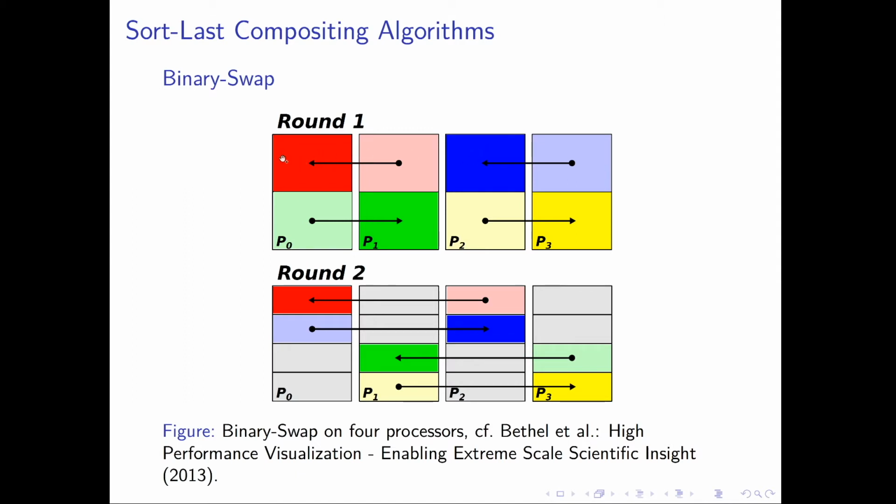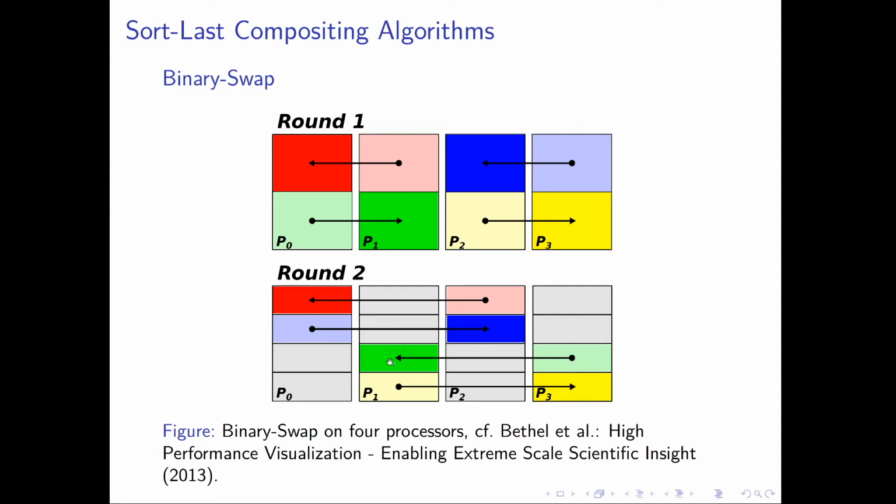The distance between the processors in the communication group here is 1. P1 and P0 have distance 1, and the same is true for P2 and P3. And they are both responsible for half of the image space. So in the next round, we double the distance. Now processors P0 and P2 form a communication group, so the distance is 2, and the same is true for P1 and P3.